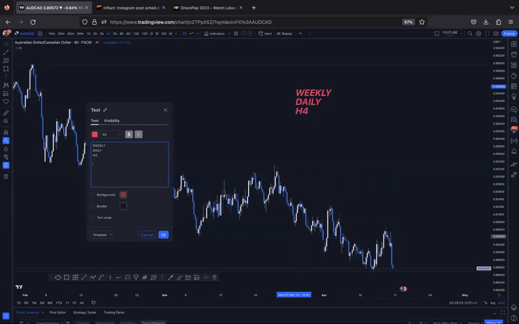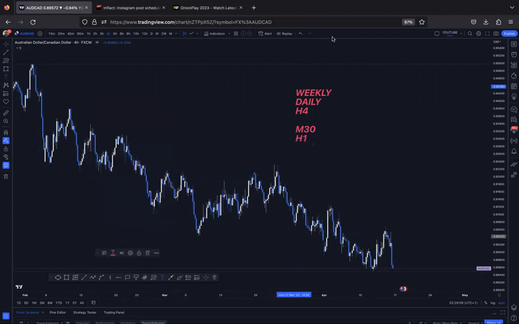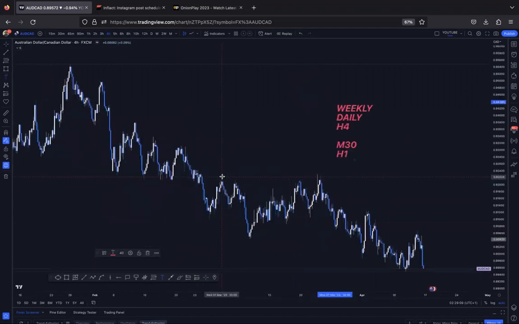And you can stick to the H4 and take your trace, or you can use the M30 and the H1 for your entries, right? But I'm going to update this slightly and we'll talk about different things that you'll be looking at here.